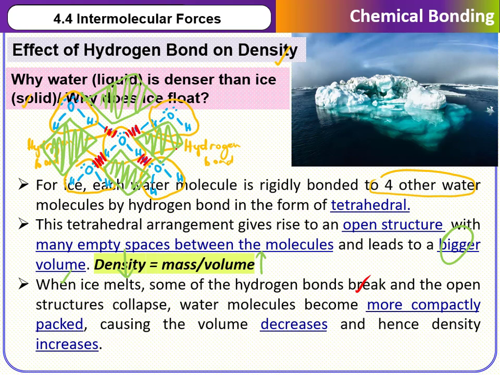The open structure just now will collapse. Water molecules become more compact, causing the volume to decrease. So when volume decreases, what happens to the density? Of course, density will increase. That's why ice floats in water.